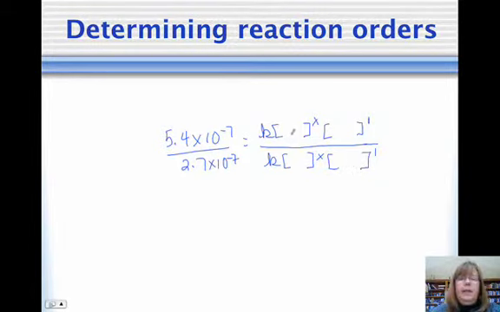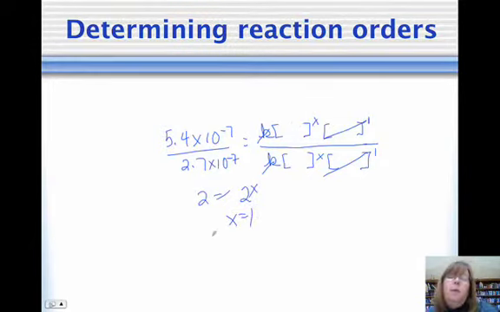So plug in those numbers, whatever they are. These numbers are going to be the same because the concentrations are the same. This turns out to be a 2. Our K's cancel. And again, when you plug in the concentration here and here from experiment 3 and 2, you're going to get 2 to the X, and X is also 1.